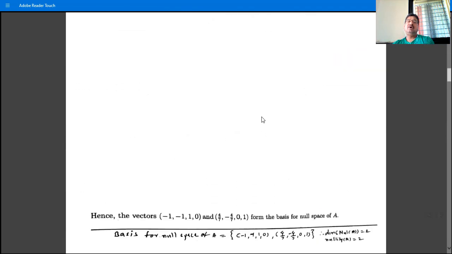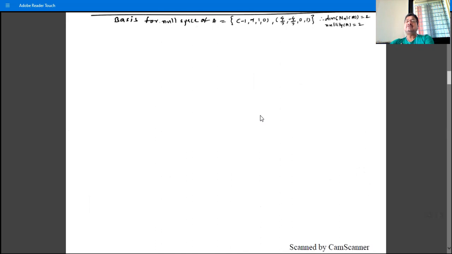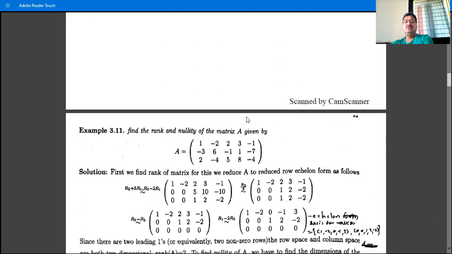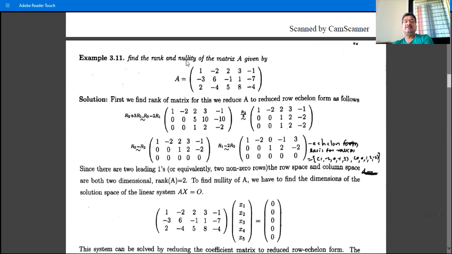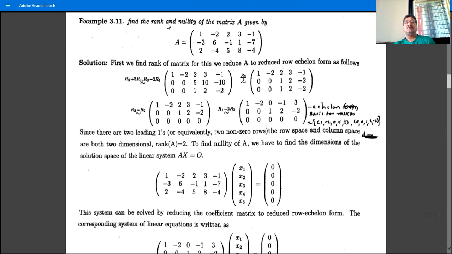So if the question is to find the rank and nullity of the matrix, then in order to find the rank of the matrix, we have to form the basis for the row space of A or the column space of A. And in order to find the nullity of the matrix A, we have to find the basis for the null space of A. So first we will find the rank of the matrix. We have to find the basis for the row space of this matrix.